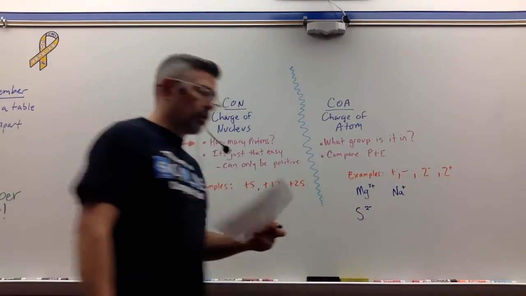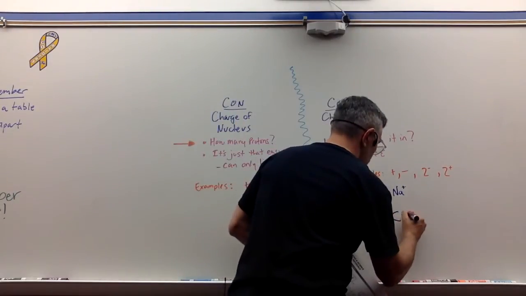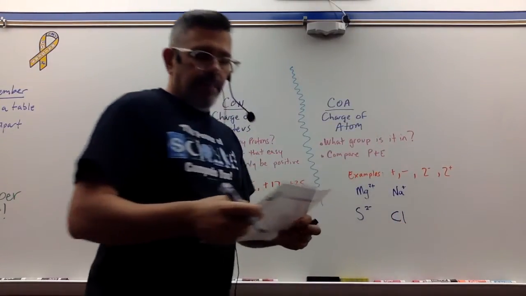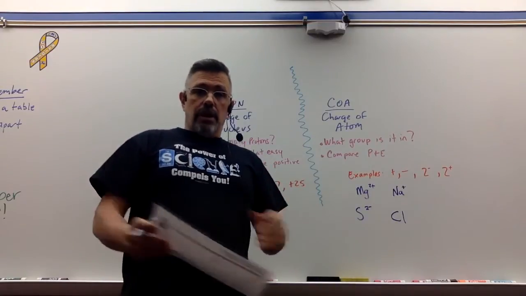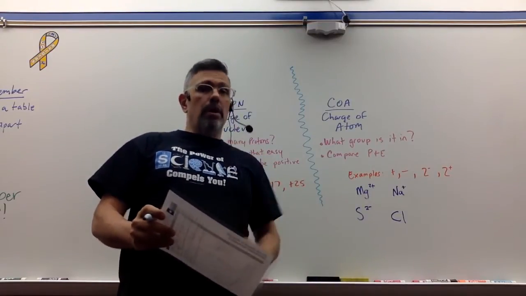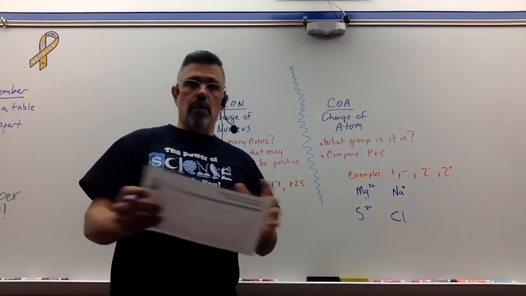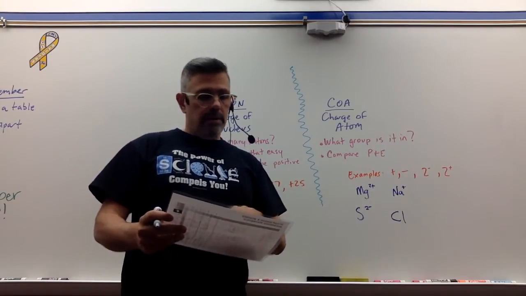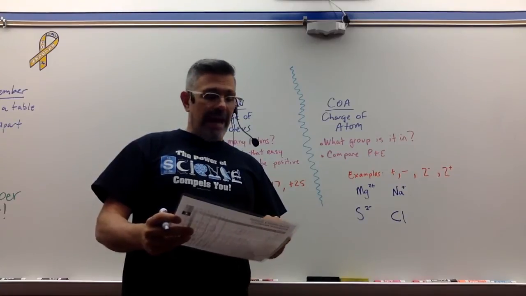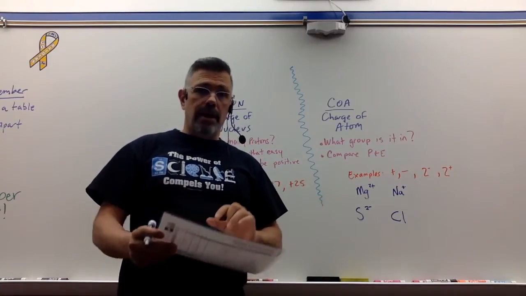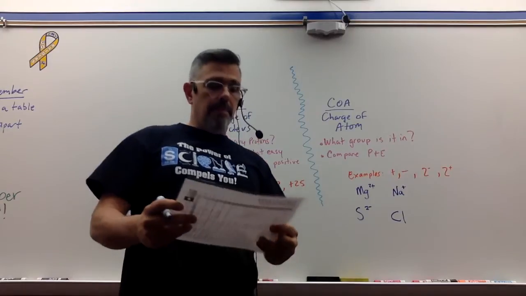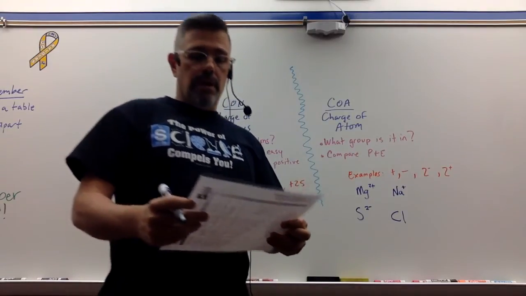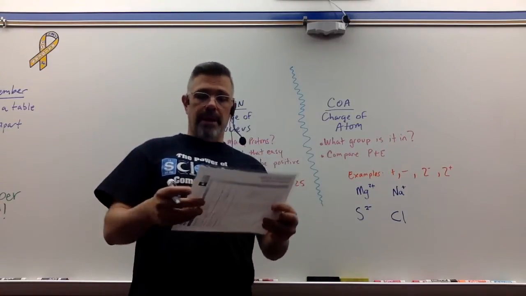And chlorine, Cl, has 7 electrons in its valence shell. It's in group 7. It just needs 1 more to have a full octet and become stable. So it will react with sodium, for example, and make a salt compound.